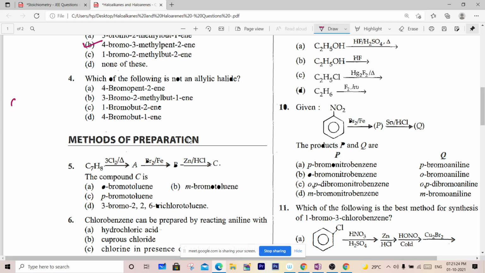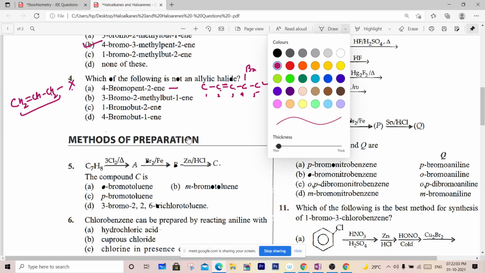Allylic means this is an allyl group. If I make the structure here, pent 1, 2, 3, 4, 5, and make the numbering 1, 2, 3, 4, 5, with 4 bromo and pent 2 ene, this is allylic. See here, double bond, and on the next carbon atom the halogen is there. So this is allylic. Got it?